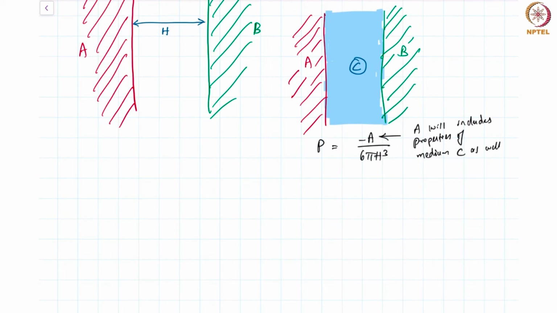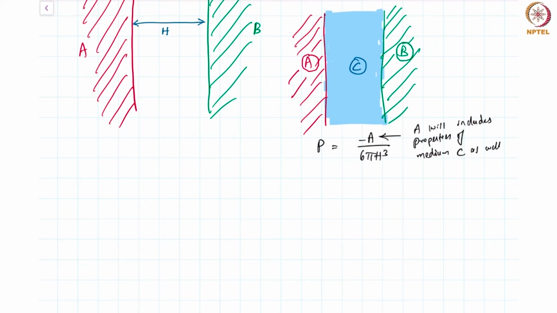Okay. The notation was a little unavoidable. Instead of calling it A, B, C, I could have called it 1, 2, 3. But this A, medium A, is different from the Hamaker constant A.